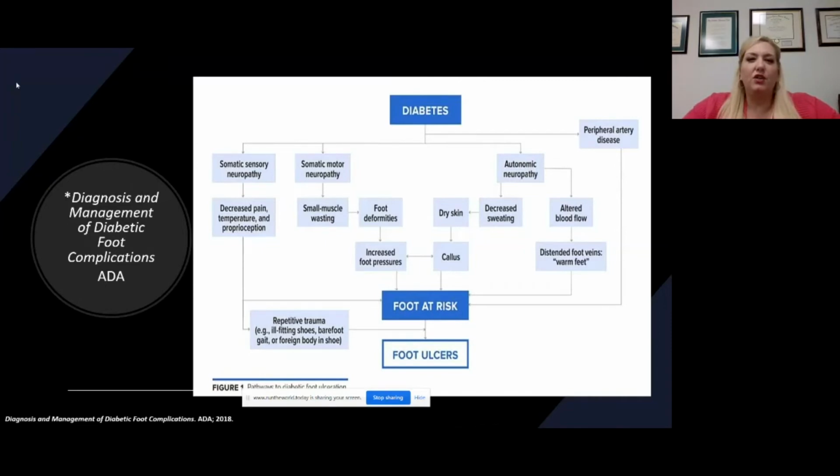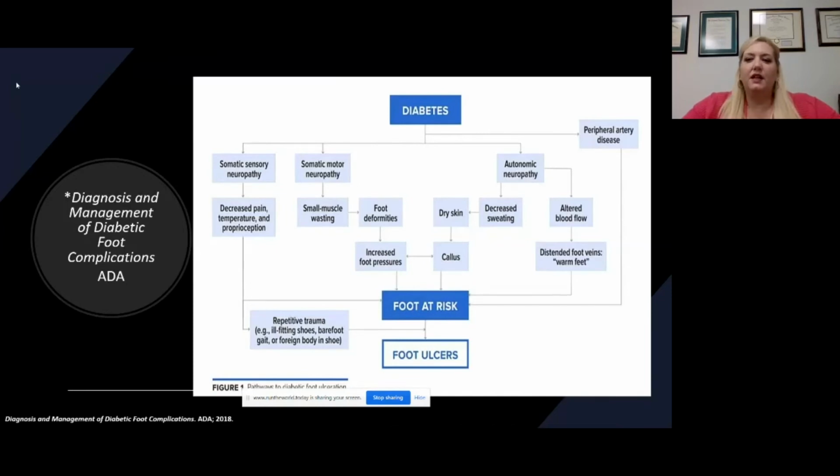So those interdigital and interossei muscles won't get the nerve function. And so what patients will end up developing is foot deformity, so structural abnormalities. So they can develop hammer toes or bunions, and these are increased pressure points. So combined with that sensory neuropathy, they have a bunion or a hammer toe, they have a poor fitting shoe, and that's an area that'll rub and break down.